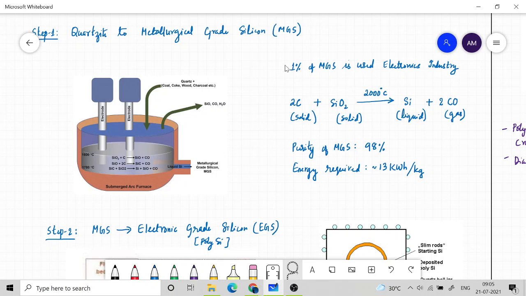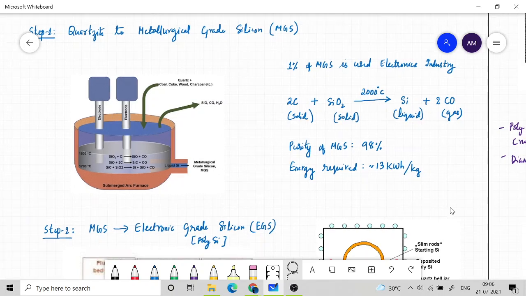Only 1% of this metallurgical grade silicon is used for the electronics industry. The rest is going into other industries, the aluminum casting industry, and other silicon alloy based industries. The ultimate reaction you can write as 2C plus SiO2 giving you silicon plus carbon monoxide, which is a gas.